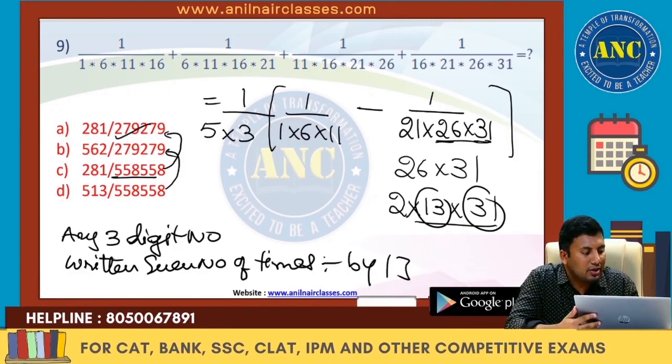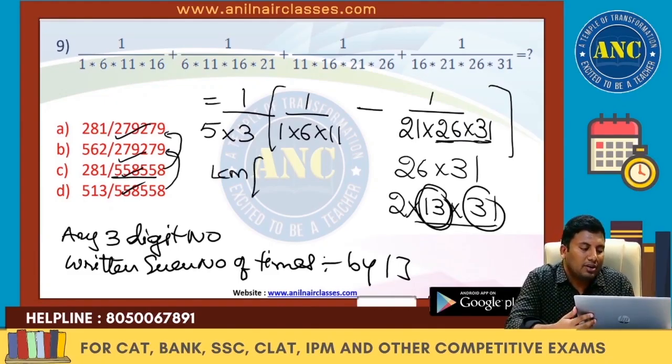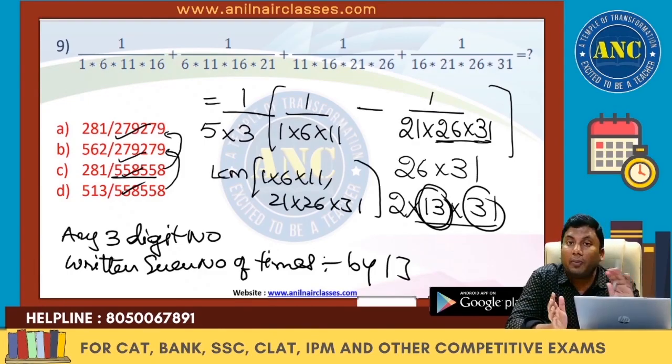So divisible by 13, 13, 13. All are coming. So there is no option which can be eliminated even if I know the divisibility rule of 13. I will also discuss in my prime numbers class what is the divisibility rule of 31, 41, 71 and so on. So the best way to solve it is you use the LCM of 1 into 6 into 11 and 21 into 26 into 31 concept. I hope it is clear.